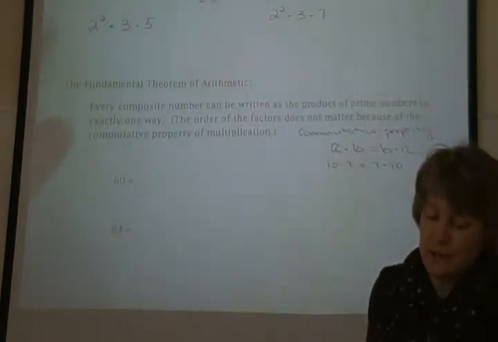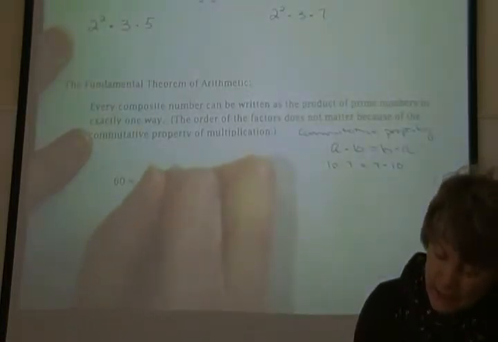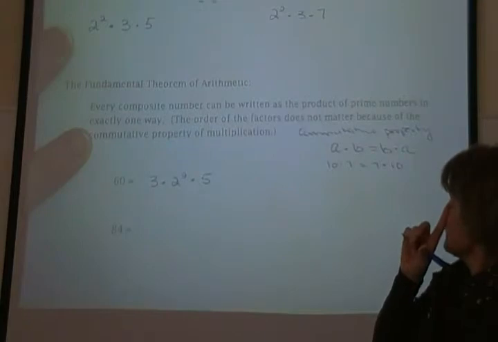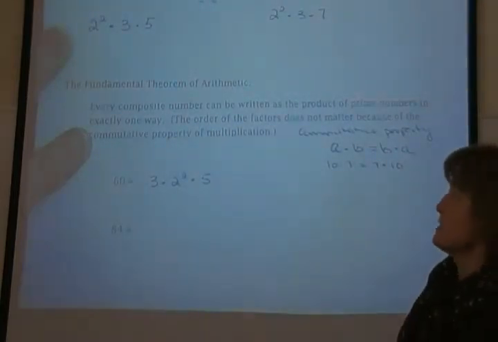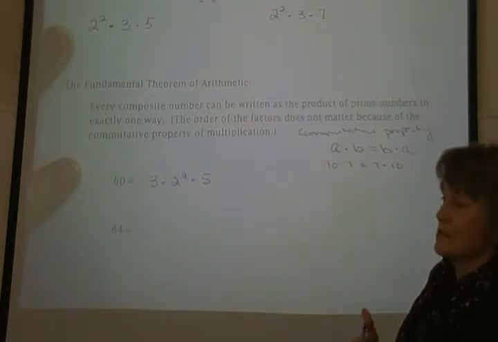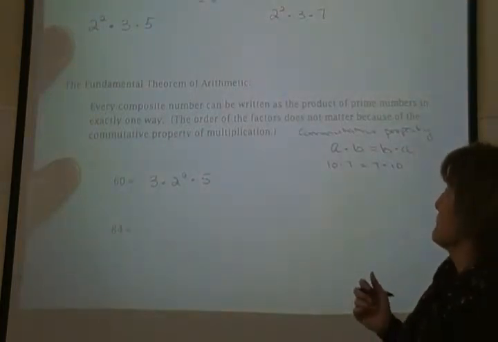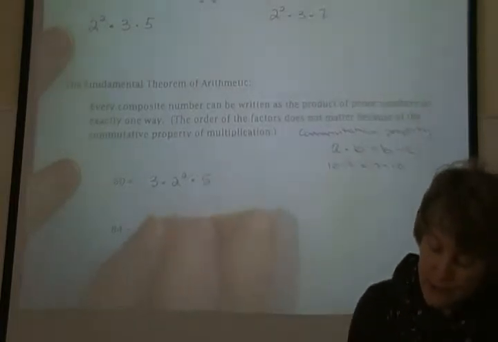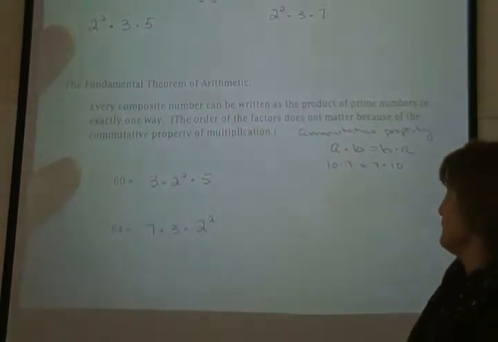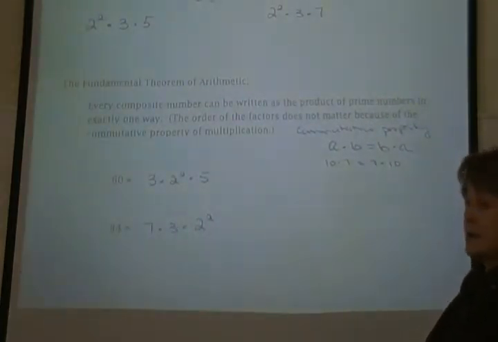Like, I could have taken my factor tree of 60 and written it in prime factorization like that. It's the prime factorization. It's the same as what I have up top. It's just a different order. But to be consistent and so we can compare with other people, a lot of times we just like to put them in order, smallest to largest. But I couldn't mark it wrong if you decided to write the prime factorization of 84 as 7 times 3 times 2 squared.